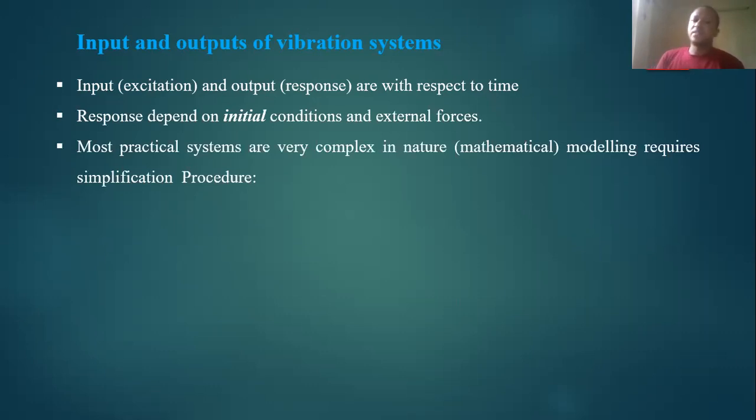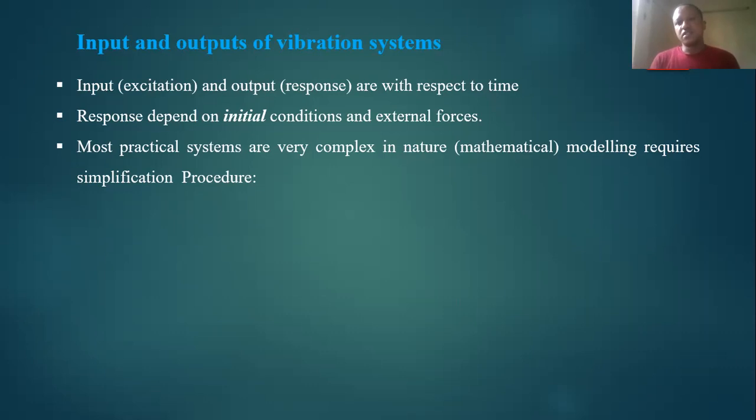Most practical systems are very complex in nature. So, for example, if we consider a slender beam or column, it is a multi-degree of freedom system. Some continuous systems have an infinite number of degrees of freedom.